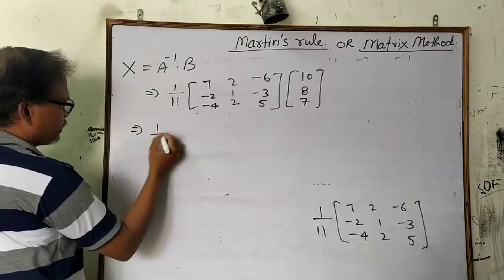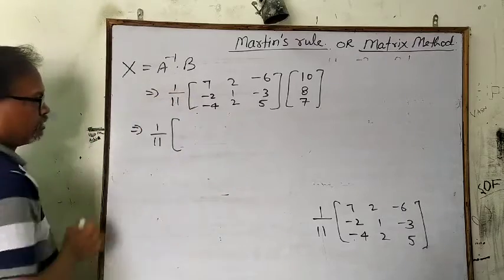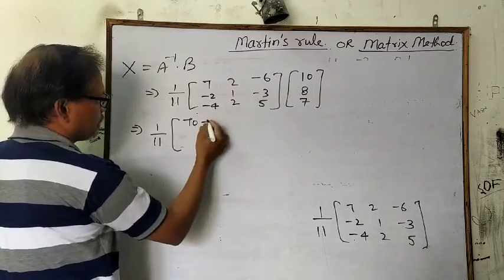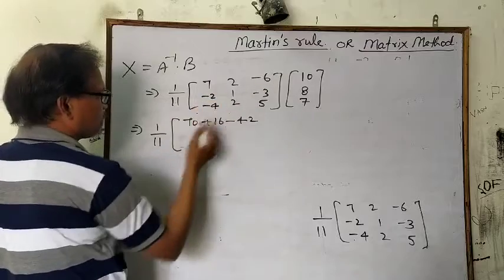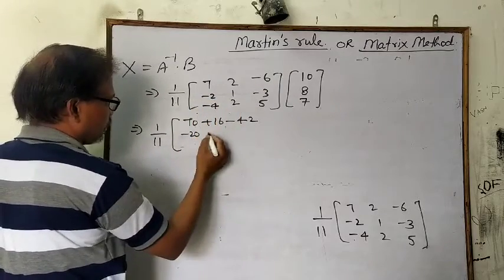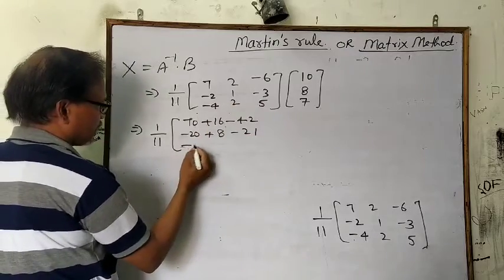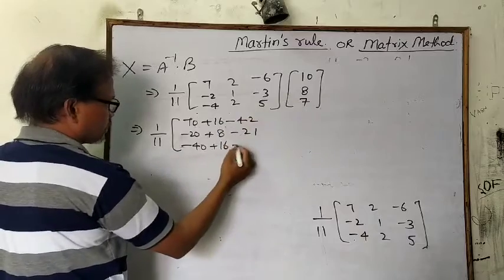Now multiply without multiplying this 1 upon 11. 7 into 10 is 70, then 16, minus 42, then minus 28, minus 21, minus 40, plus 16, plus 35.